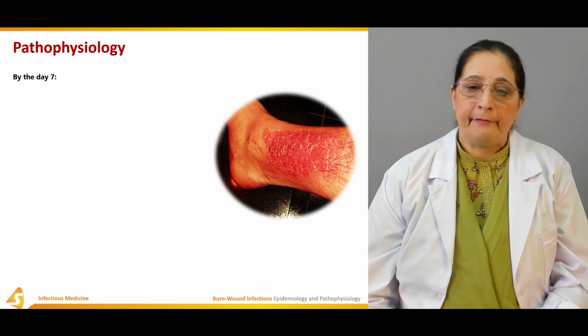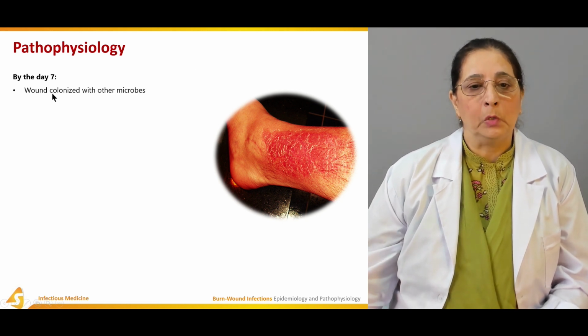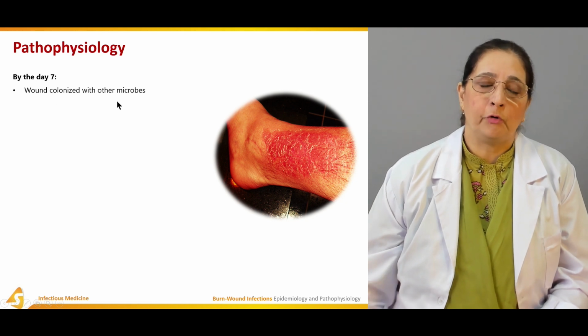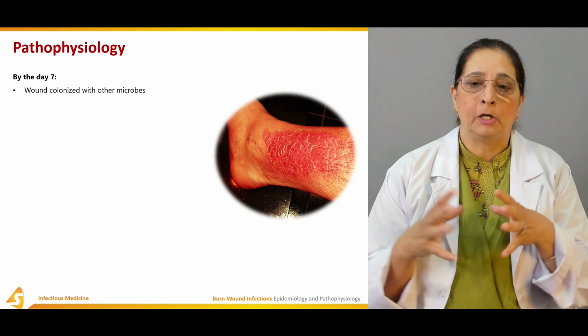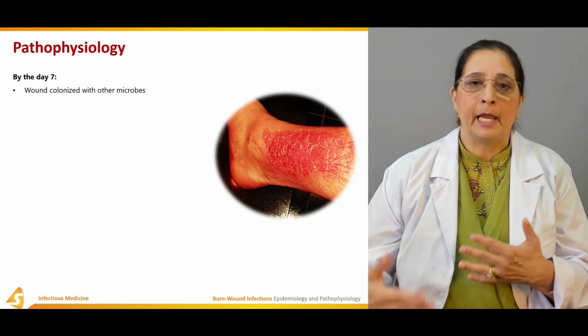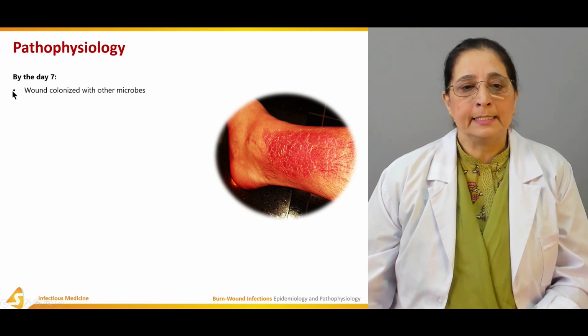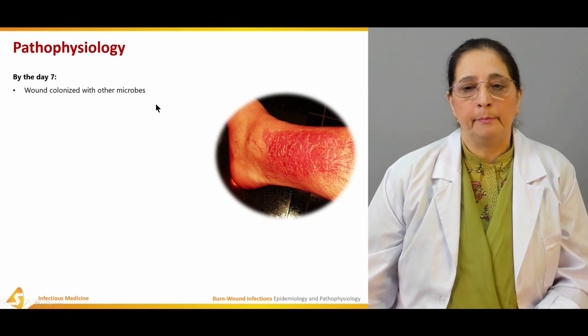By day 7 after the burn, what happens? Now the wound is colonized with other microbes. First we said gram-positive bacteria from the surrounding tissue. As time progresses, on day 7 there is colonization with other microbes.